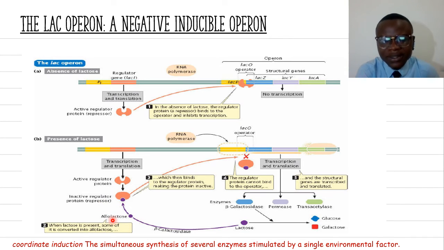Allolactose, right? Allolactose will bind to the regulatory protein that is transcribed from the regulatory gene, which is somewhat upstream of our normal gene.